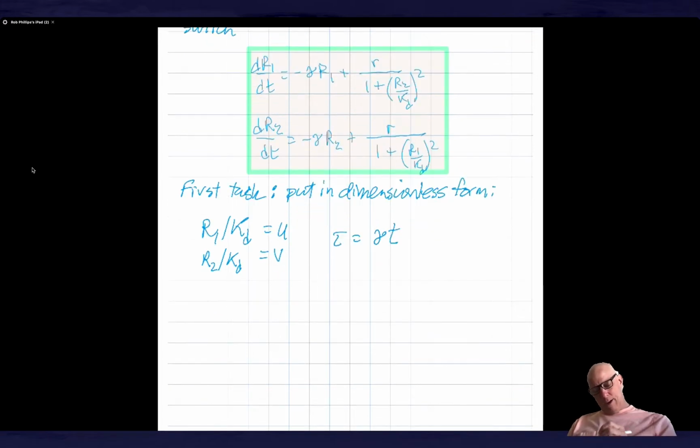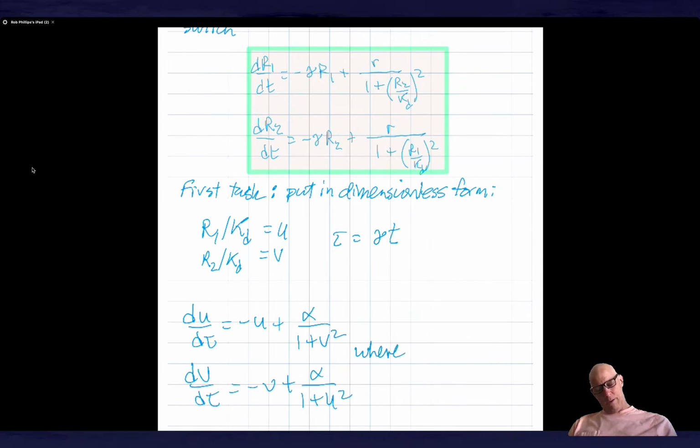If I write things in this language, then what I find is that du d tau is equal to minus u plus alpha over 1 plus v squared, and dv d tau is minus v plus alpha over 1 plus u squared, where, and we've already defined tau, alpha is defined as r over gamma kd.